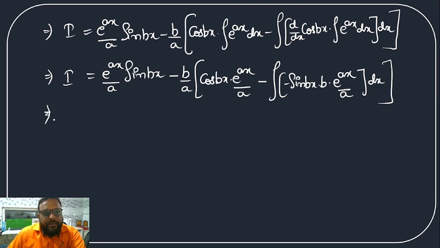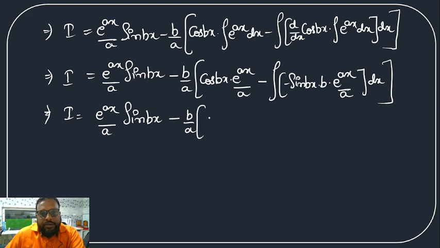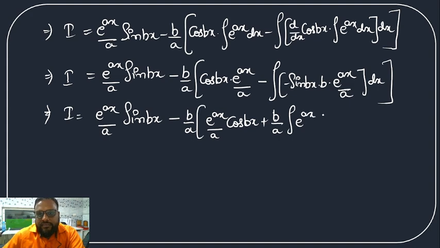Right. So next step, I equal to e to the power of ax by a sin bx minus b by a into e to the power of ax by a cos bx minus, again this minus into this minus becomes plus. This is plus and b by a comes outside here, b by a into integration of e to the power of ax sin bx.